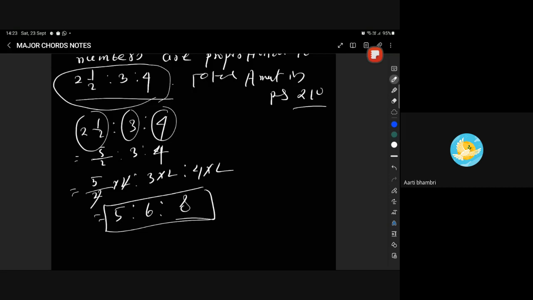So here the LCM is 2 only. But you can't simply multiply one by 2. You have to multiply the others by 2 also, so it will be an equivalent ratio. So this 2 and this 2 will get cancelled, and it will be 5:6:8. So this is your actual ratio.